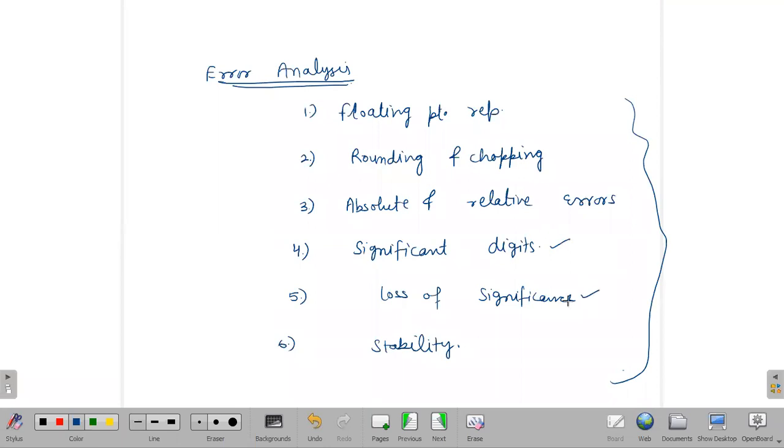In the loss of significance, you will get two types of questions, that nested, and second one is quadratic equation roots. Means how to get rid of loss of significance. We have used two techniques in this.